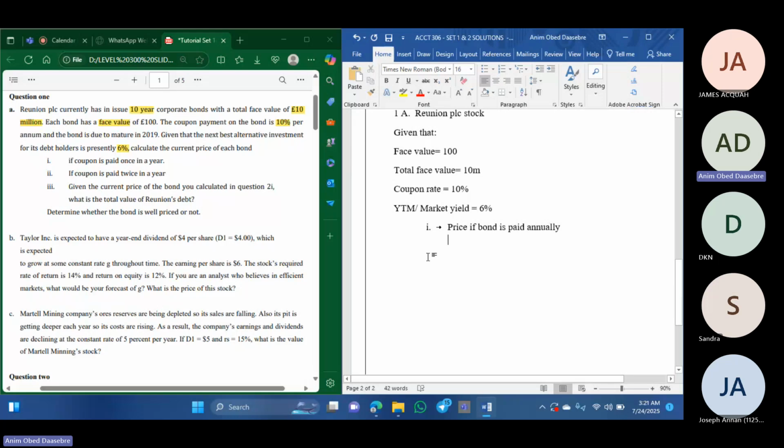What then is the formula to find the bond price? Is anyone having a suggestion about the formula? Bond price.